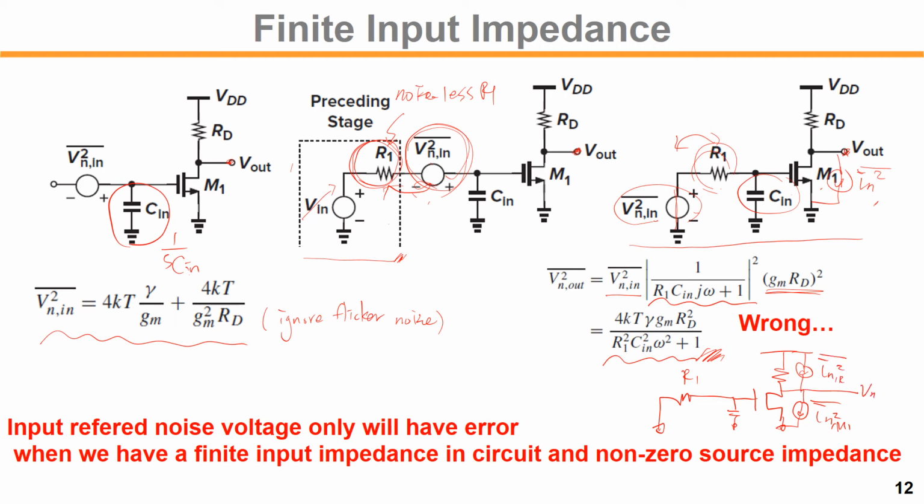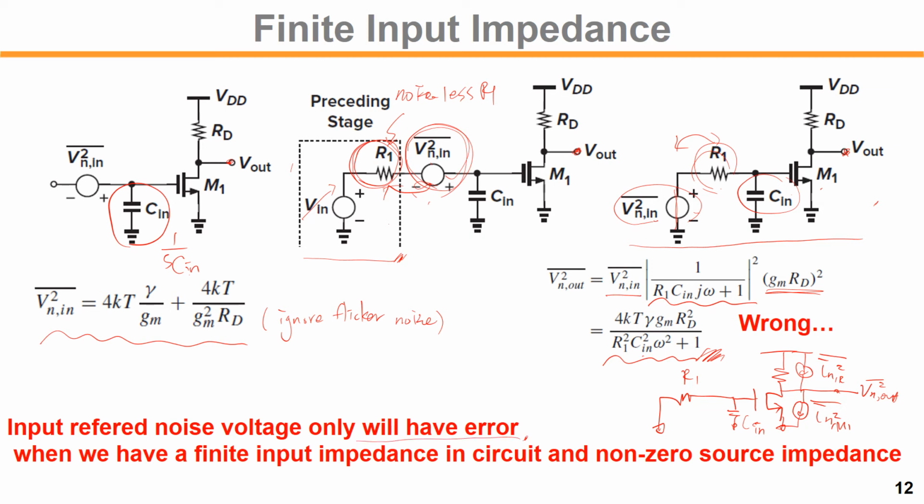So if we find the noise voltage at the output, it has nothing to do with this network, CGS and Cin. So it shouldn't be like this value. So the input referred noise voltage has some error, right?